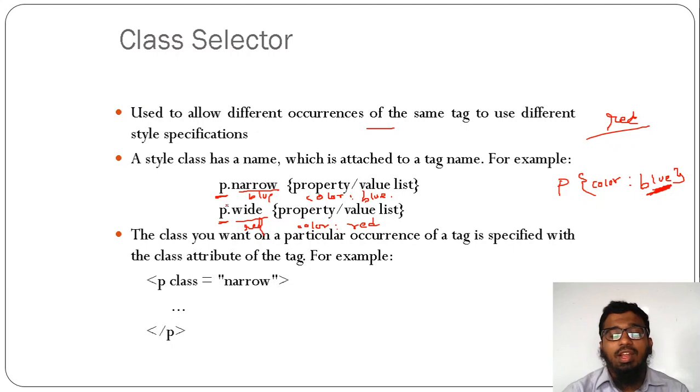Like this you can easily identify: whenever you want the color blue, you use p.blue, and whenever you want red, p.red. What is the advantage of this? For the different occurrences of the same tag, you can use different style specifications. So this is the class selector.